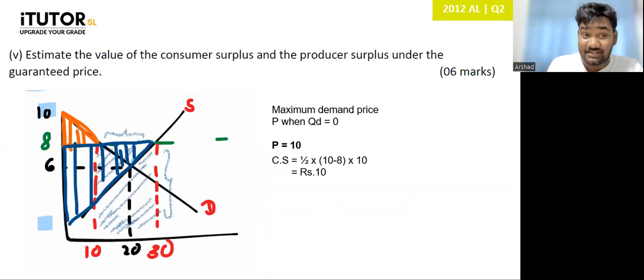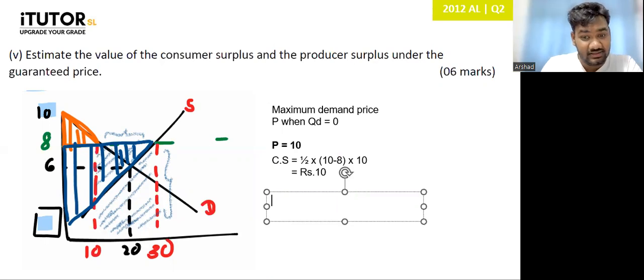Then the producer surplus. So for producer surplus, what do we need? We need the minimum supply price. Can you all tell me what is the price there? The minimum supply price is the price when QS equals 0.